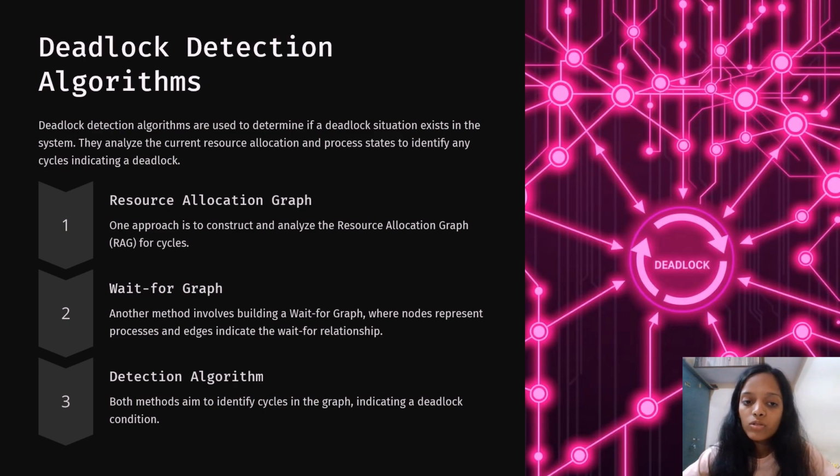One approach is to construct and analyze a resource allocation graph. Second one is wait-for graph. Another method involves building a wait-for graph where nodes represent processes and edges indicate the wait-for relationship. Third one is detection algorithm. Both methods aim to identify cycles in the graph indicating a deadlock condition.